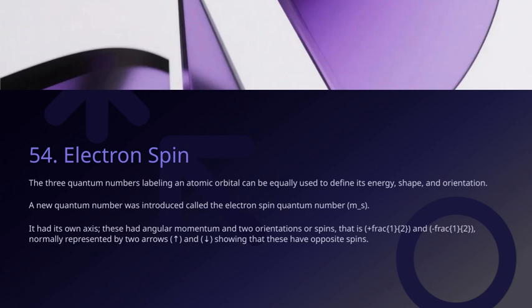The electron spin quantum number completes the picture by explaining the intrinsic angular momentum of the electron itself. This is an important step because it helps us understand not just where electrons are likely to be, but also how they behave in terms of their intrinsic properties. It connects to the overall theme of quantum mechanics by showing how quantum numbers give us a detailed, multidimensional picture of atomic structure.